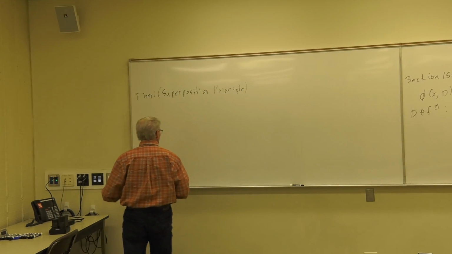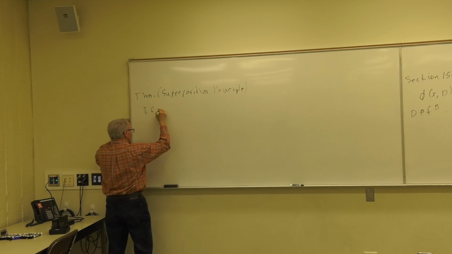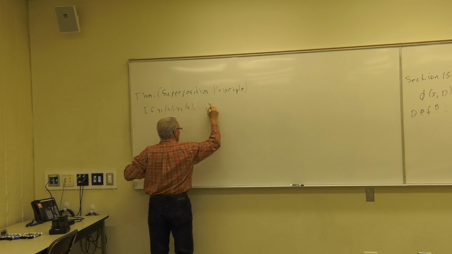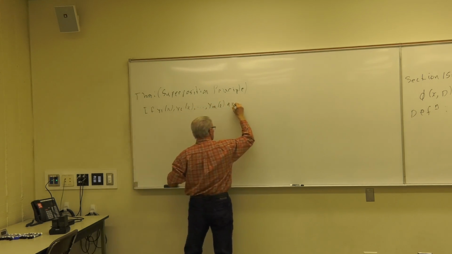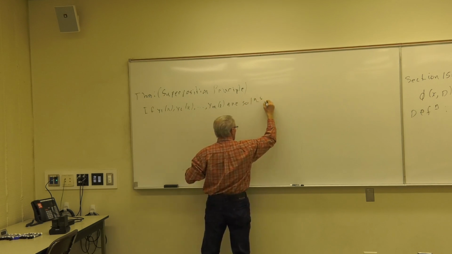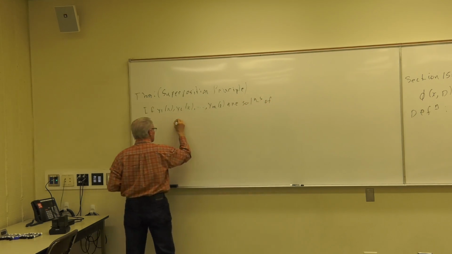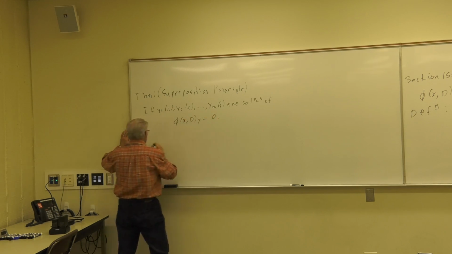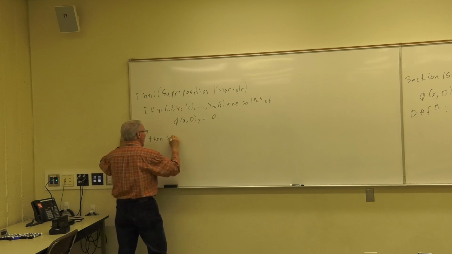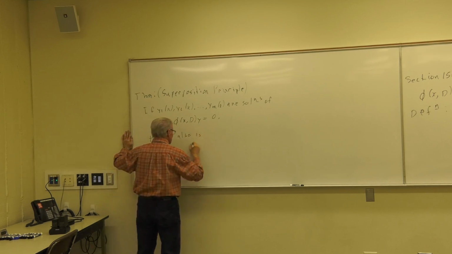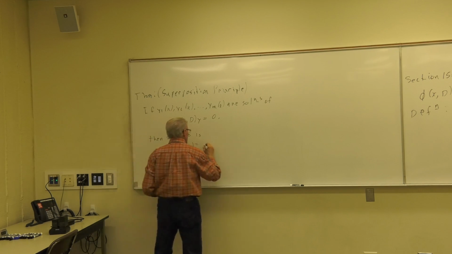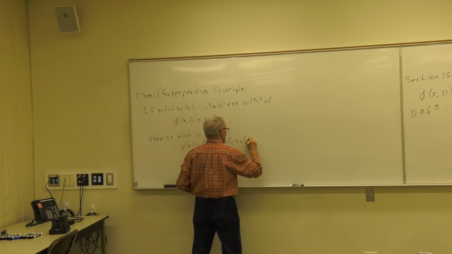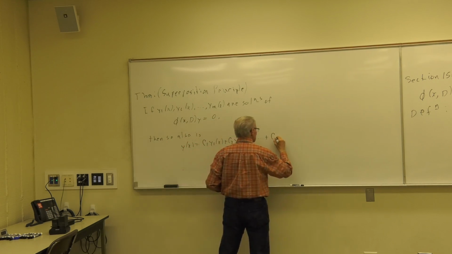It says the following. If y1 of x, y2 of x, through ym of x are solutions of our linear homogeneous differential equation, then so also is the function obtained by multiplying the first one by a constant, the second one by a constant, and all of them by constants, and adding those things together.